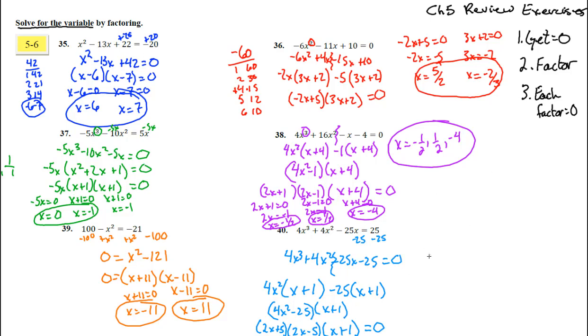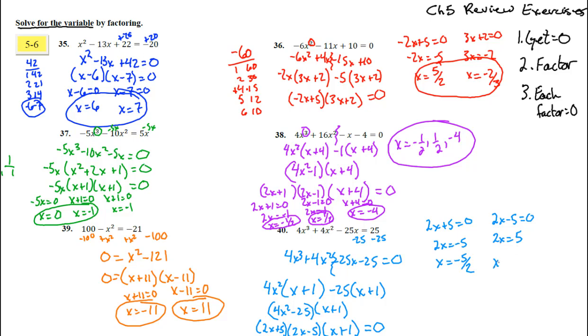Now that we got it factored, we take the first one, 2x plus 5 equals 0. That gives us 2x equals negative 5. Divided by 2, x equals negative 5 halves. Now we take the second factor, that's 2x minus 5, and set it equal to 0. 2x equals positive 5.